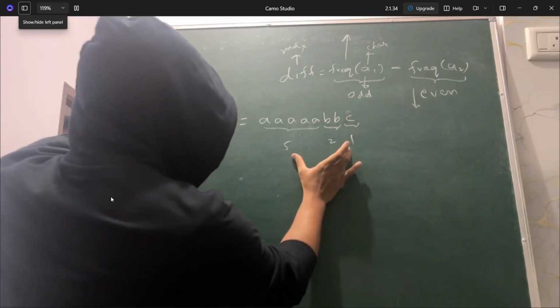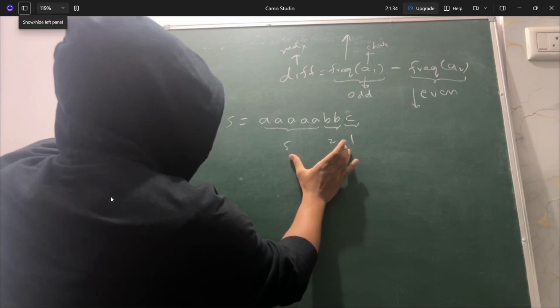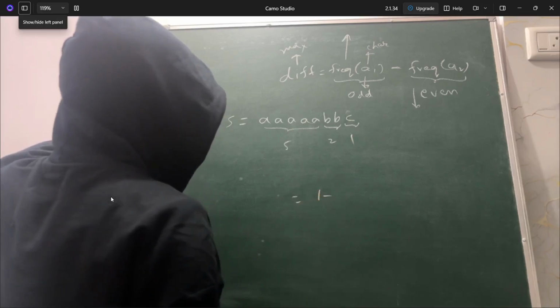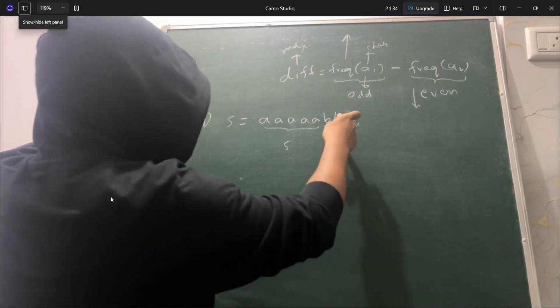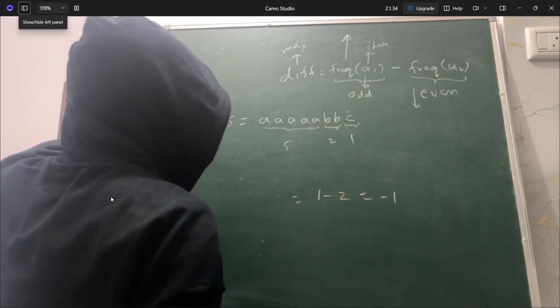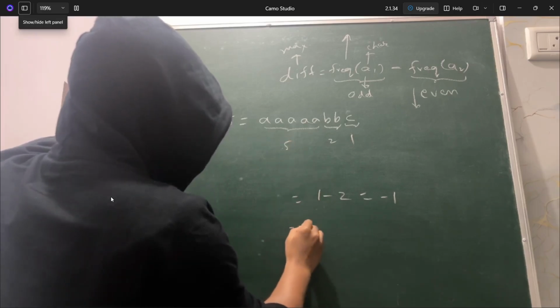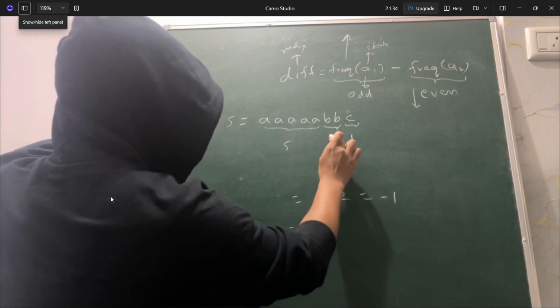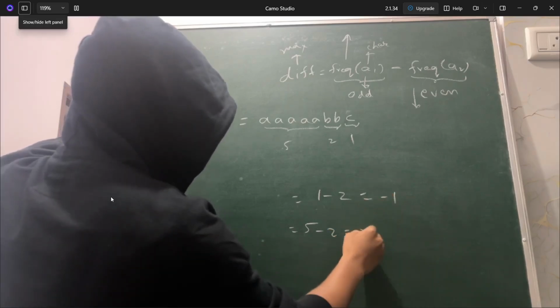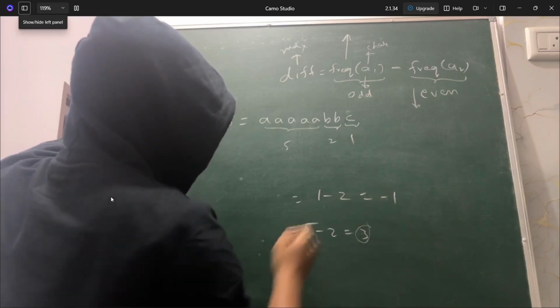So we have two options for odd values. If you put the odd value 1, minus the only even value, there is no choice, so we put 2. This value is minus 1. But if you take 5, minus the one even value, that will be 3. Among these two, obviously the maximum value is 3.